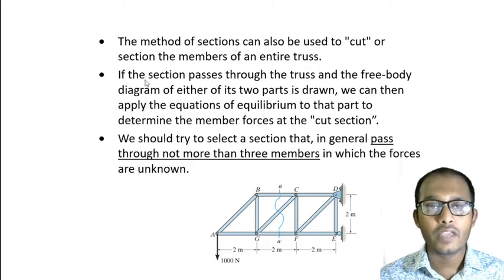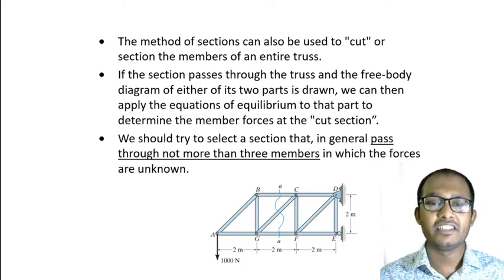If the section passes through the truss and the free body diagram of either of its two parts is drawn, we can then apply the equations of equilibrium to that part to determine the member forces at the cut section. It means we can apply the equations of equilibrium after we cut the sections to determine the forces acting inside the members.